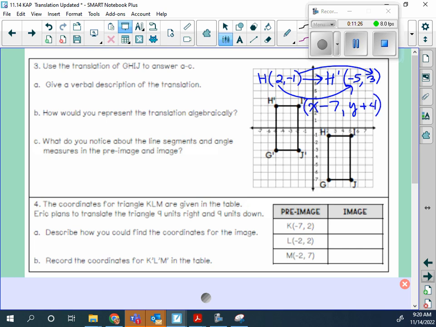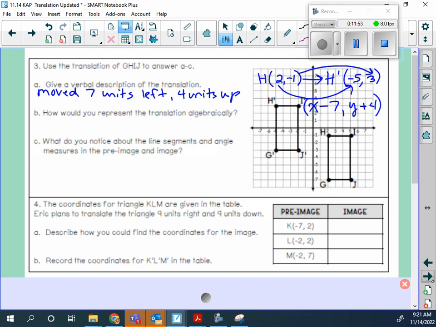So that is what actually happened, but now they wanted it as a verbal description. Well, if it's x minus 7, what would you say? Move what? 7 units left, because it was a -7. And then 4 units up. Now, that's how to do it with math.